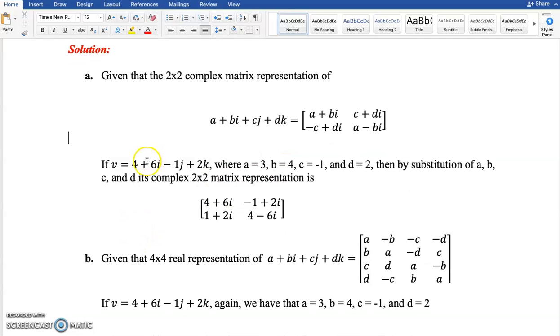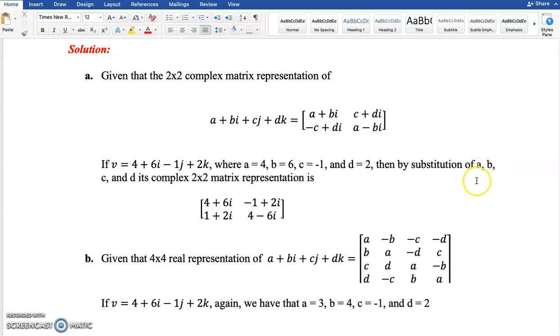We have that quaternion V equals 4 plus 6i minus 1j plus 2k. So A is equal to 4, B is equal to 6, C is equal to negative 1, and D is equal to 2.